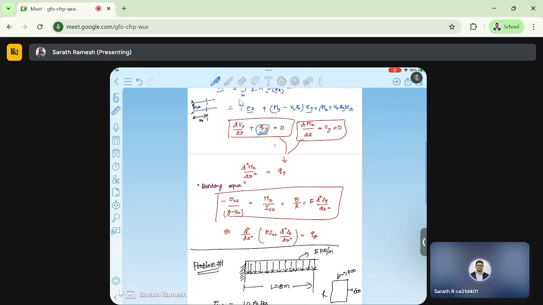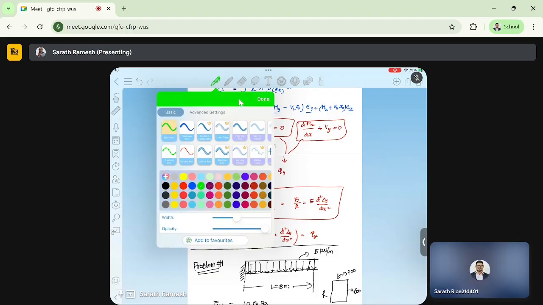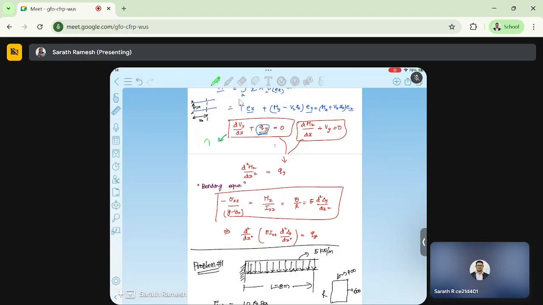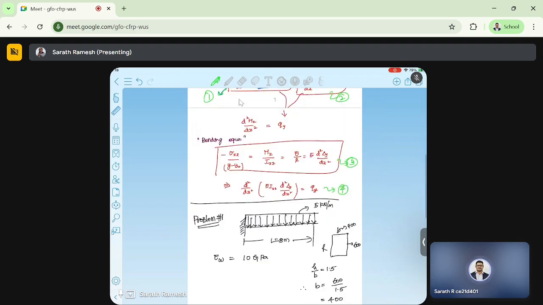Now, what equation will we use so that we are able to find the vertical reaction forces? Let me name these as equation number one, equation number two, equation number three, equation number four. I'm going to use equation number one.